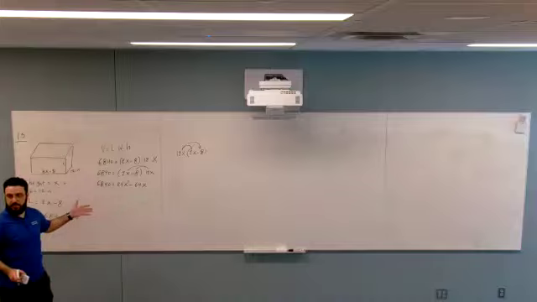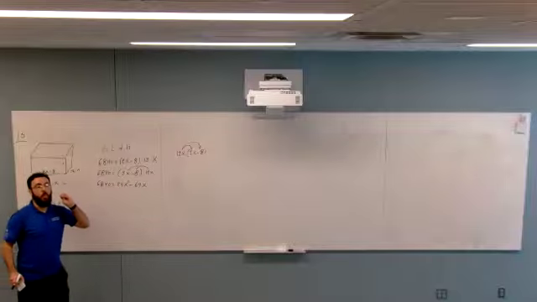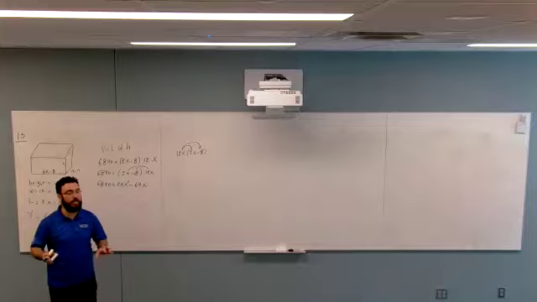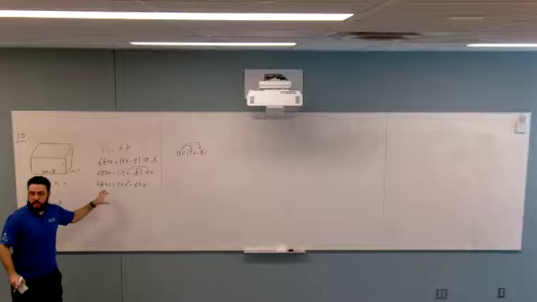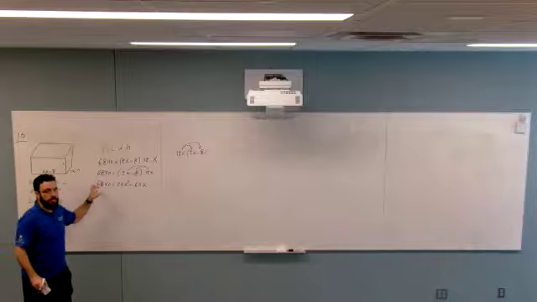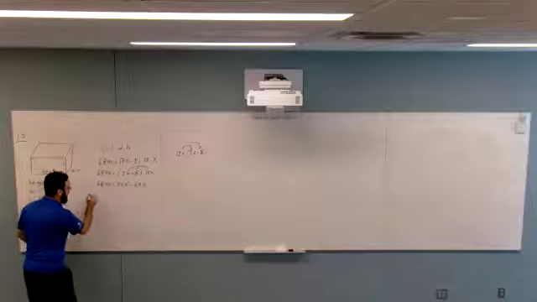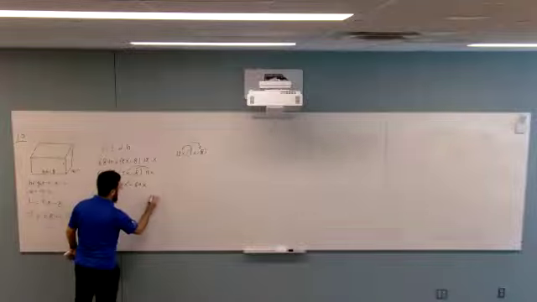What's the highest exponent? 2, so it's a quadratic. What's the first thing to do before we factor a quadratic? Zero on one side. So how am I going to make this zero? I'm just going to move this to the other side by subtracting 6,840 on both sides.